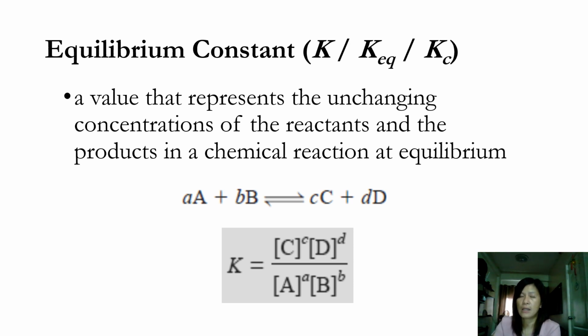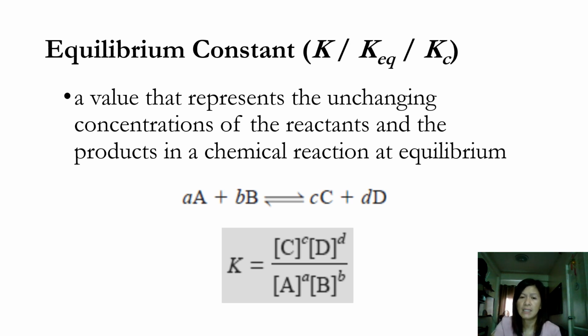So if in the chemical equation there are coefficients added to balance the equation, then you raise the concentrations of all the substances, reactants and products, in the equation to their respective stoichiometric coefficients.